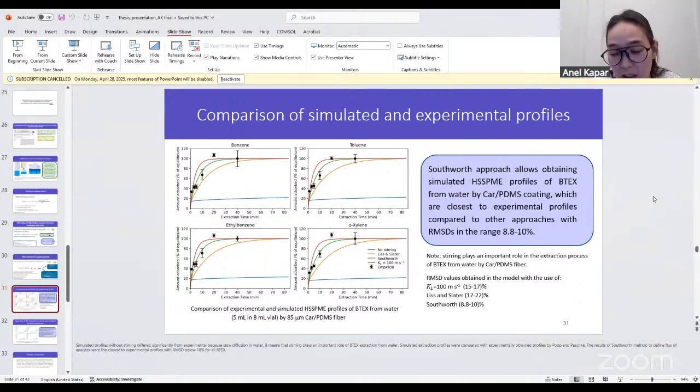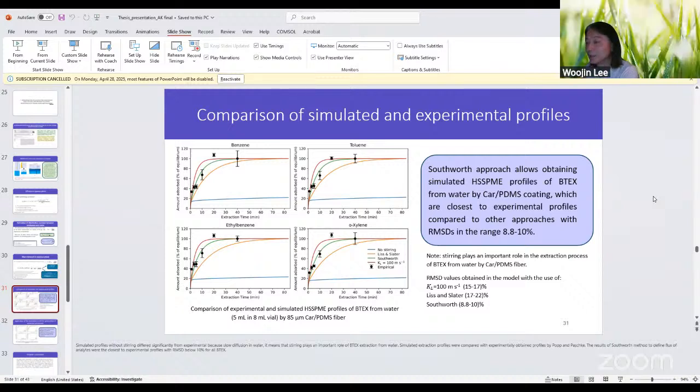Thank you for your observation. In the model, for the extraction from water and from soil, there is no difference.